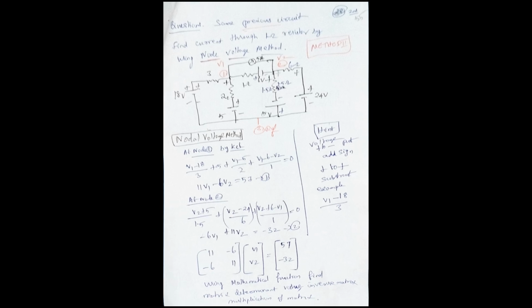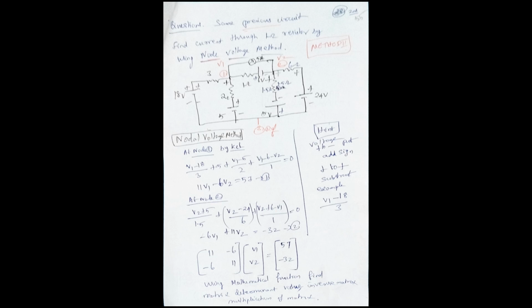First consider the 1.5 ohm: 1 divided by 1.5 into the node 2 nodal voltage V2, plus 5, with the second terminal being minus, the voltage takes an add sign. So (V2 plus 5) divided by 1.5, plus the nodal voltage (V2 minus 24) divided by 6.